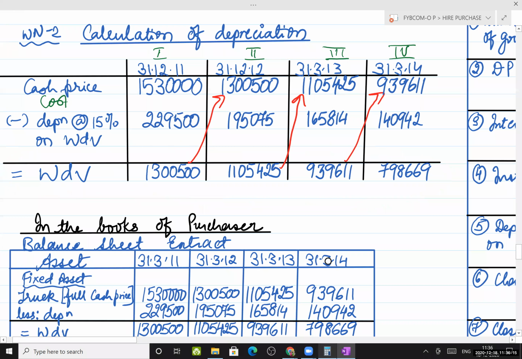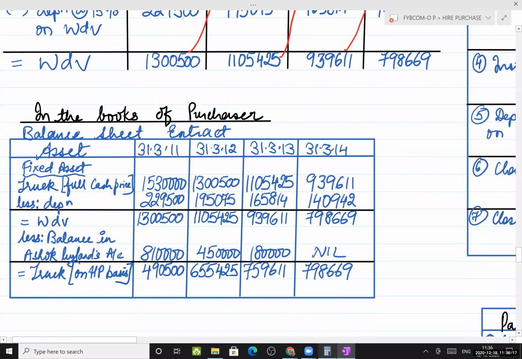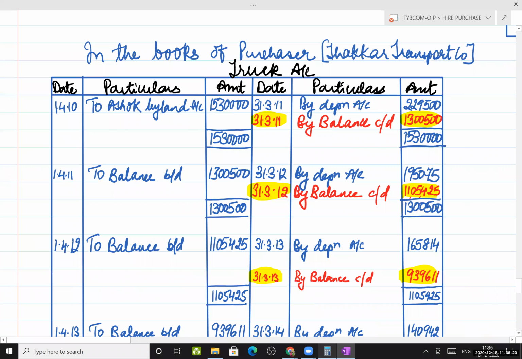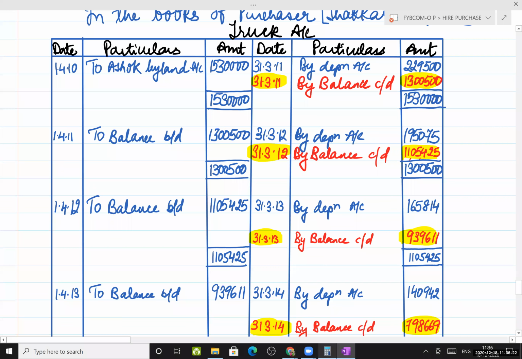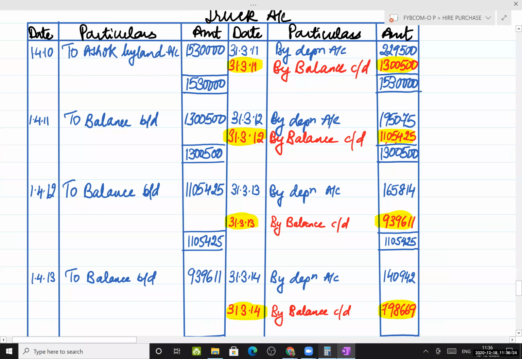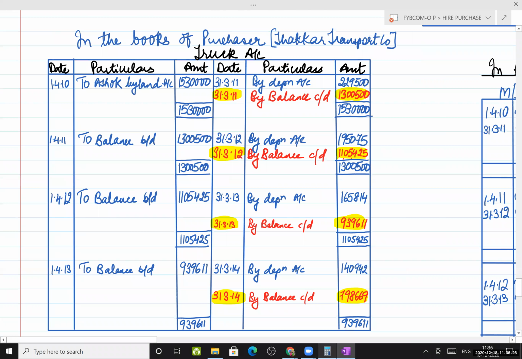See this, right? You have to post the journal entry, the respective journal entry. First step number 1, after that step number 4, and 5 and 6. So that is the posting of the journal into the respective ledger.